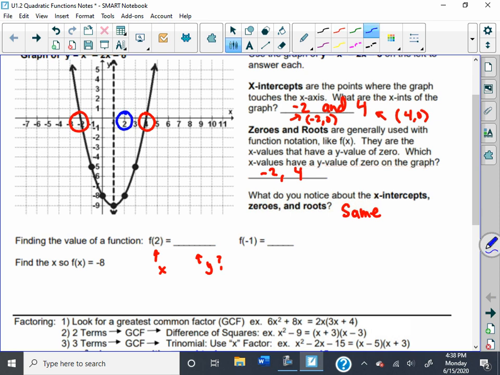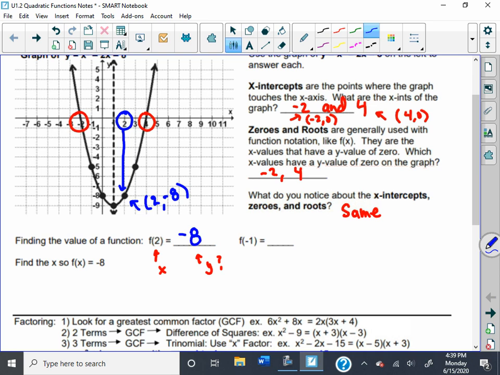Now, all you're going to do is go up or down and find out where it intersects the graph, with +2. We can see if we go down, there's a point there. This point right here is 2, -8, looks like. So that means if its x is 2, its y is -8. So that means that f of 2 is -8.